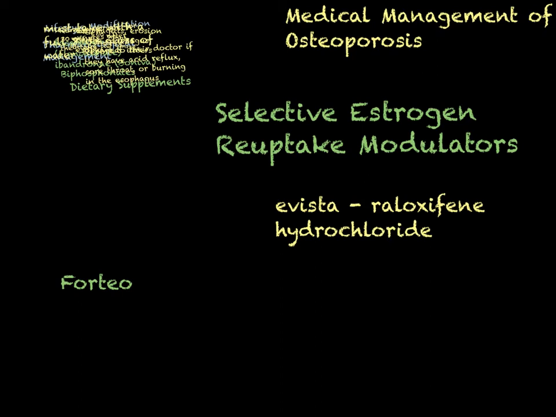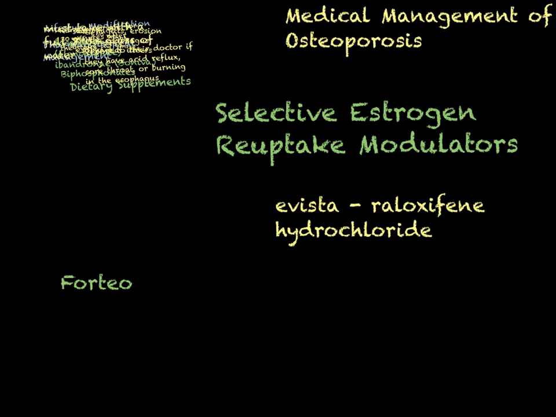Okay, and the way that Evista works is that it decreases the activity of osteoclasts again, and it decreases that bone resorption, and so then your bone density should be preserved. Now, it treats postmenopausal osteoporosis. It also treats breast cancer, interestingly enough, because a lot of breast cancers are estrogen sensitive or estrogen dependent.